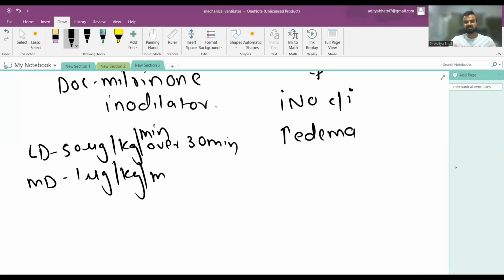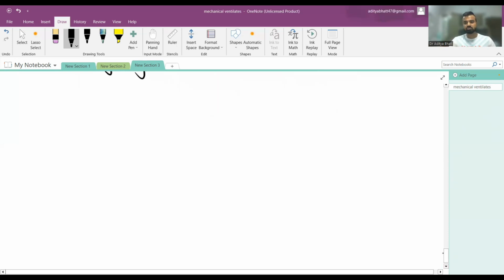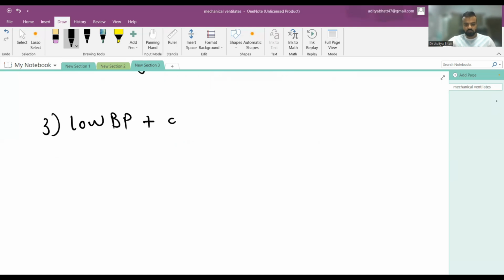Again, if there is systemic hypotension, do not give a loading dose of milrinone because it is a dilator. It is not only an inotropic agent, it is an inodilator. That is why if there is systemic hypotension, avoid giving a loading dose of either sildenafil or milrinone, or else the patient will die.